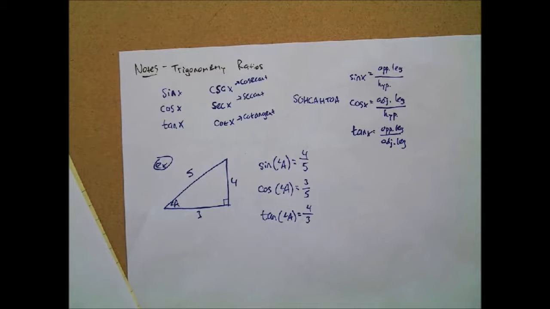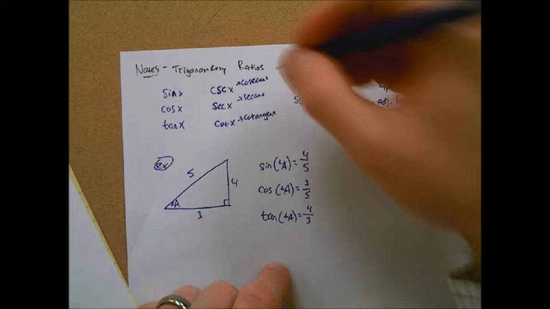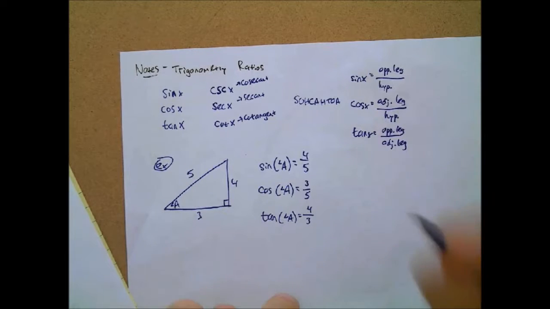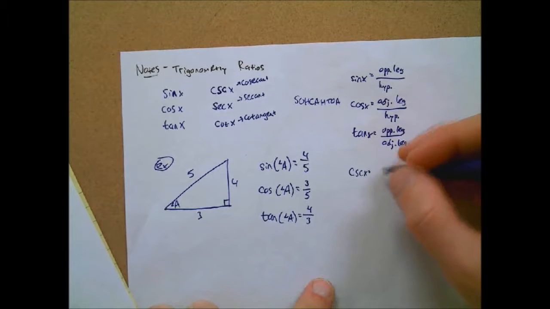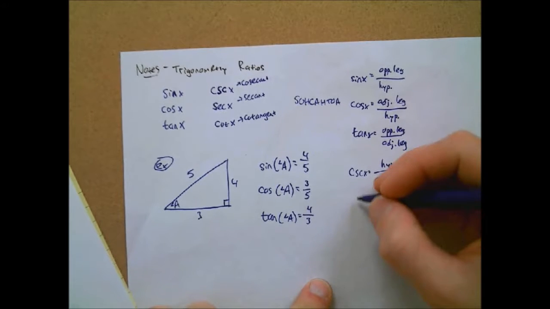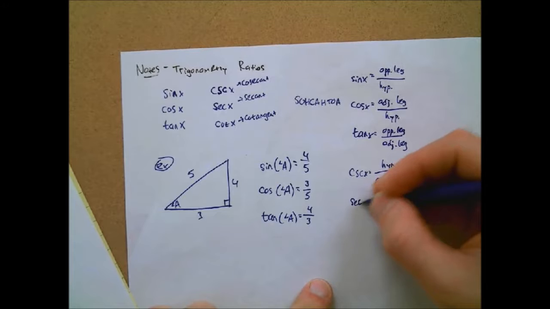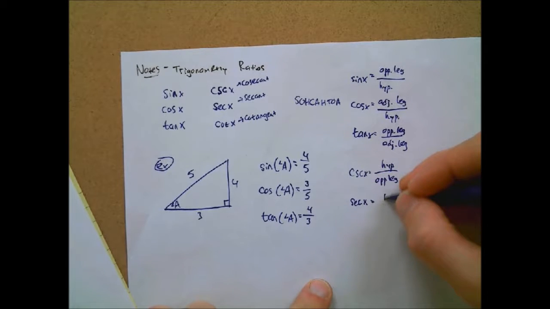Okay. And if you want to be cute, you could say, so cosecant of x would be equal to the reciprocal there. So it's hypotenuse over the opposite leg. Okay, secant would be hypotenuse over the adjacent leg.